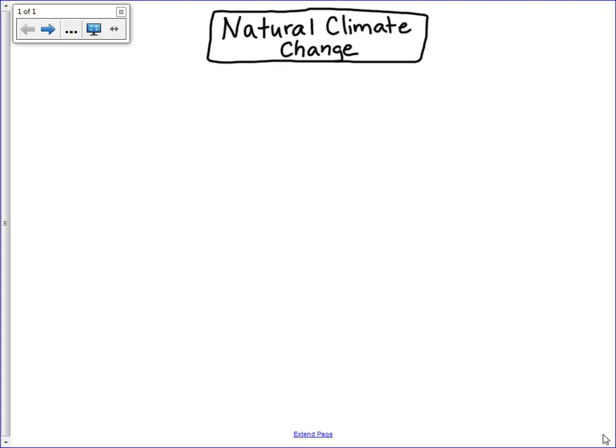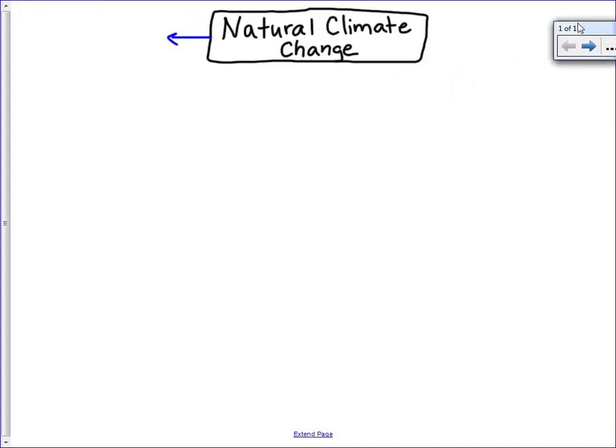First, we're going to talk about the climate change causes that are short-term or mostly short-term climate changers. So off to the left, we will put short-term climate change.